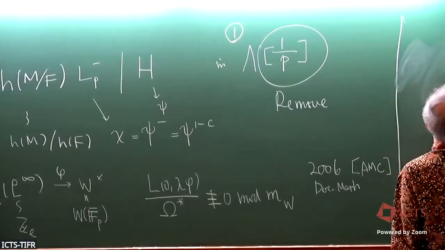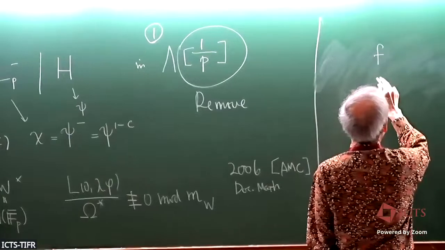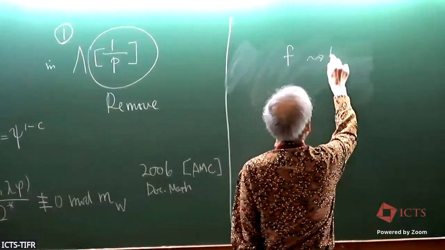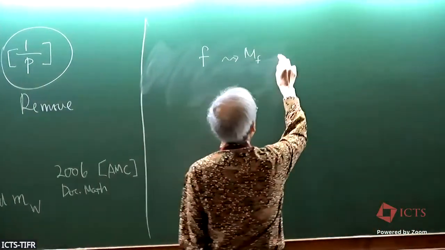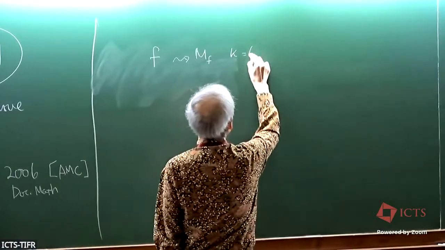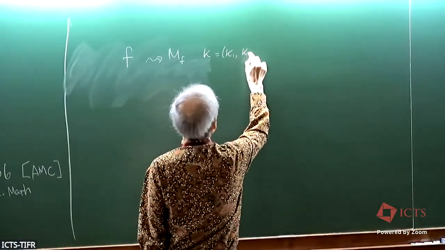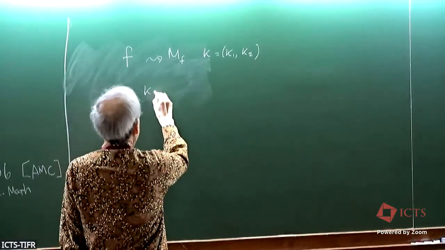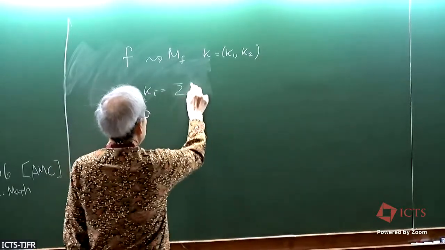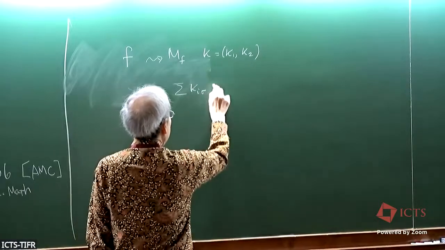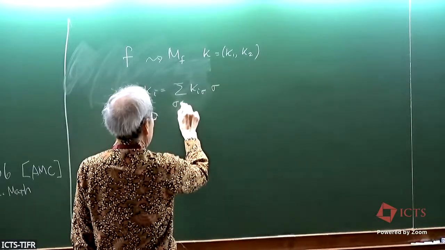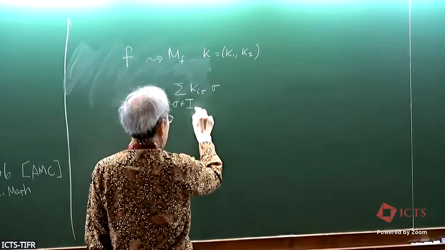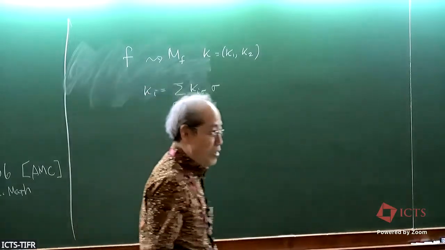So you have an F, a Hilbert modular form, Hecke eigenform, and you have a motive, and then you have a Hodge type kappa. So that is kappa 1, kappa 2, because Hodge type is over complex numbers. So kappa i is the sum of kappa i sigma, where sigma runs over the places of F, all embeddings of F, right?